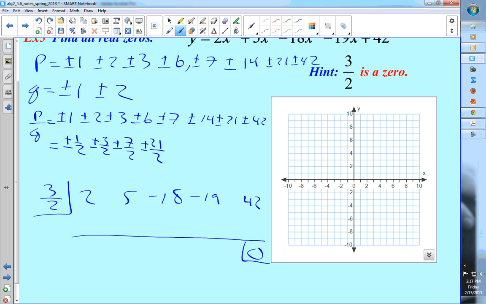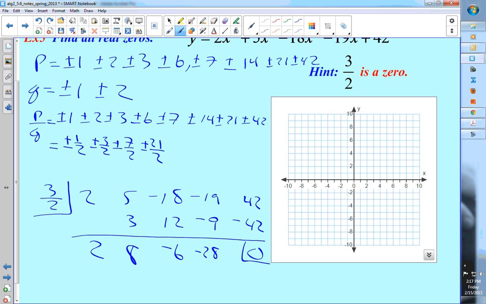Okay? Now, when we do the 3 halves, you're going to get a 3, 8, 12, negative 6, negative 9, negative 28, and negative 42, giving you the 0.